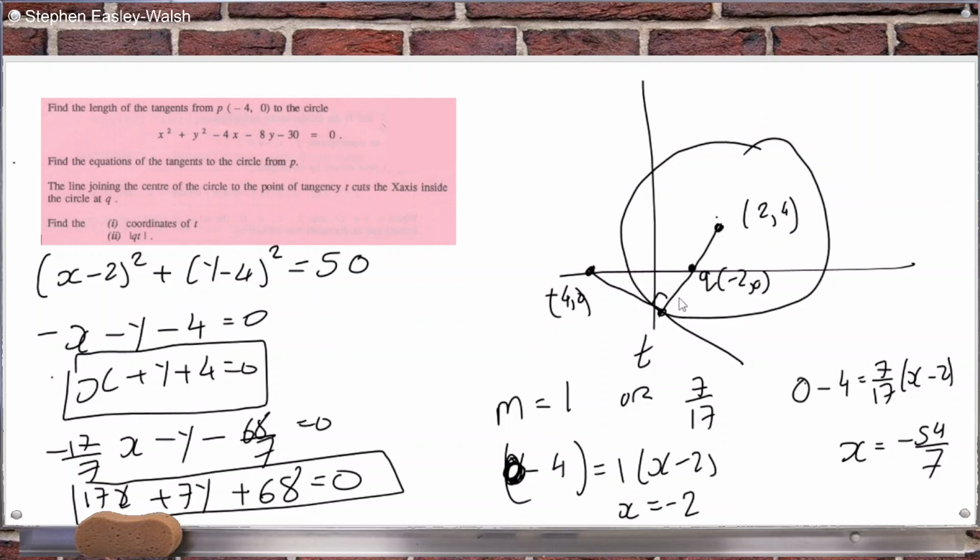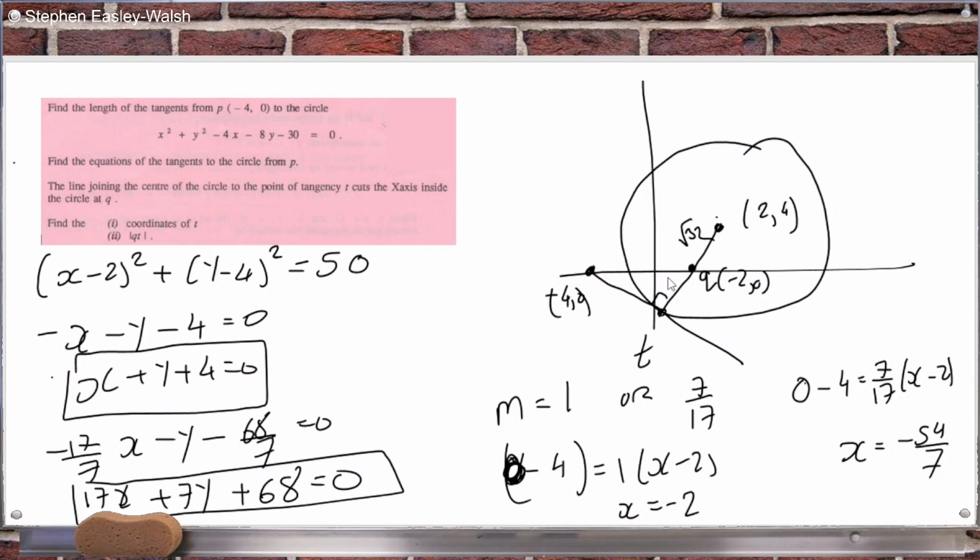Okay, but I'm actually looking for the T, and then I'm looking for QT distance. So I just have to get the T. If I get this distance first, and I know this slope is 1 actually. So this distance here, minus 2 to 2 is 4. That's 16, 16, that's root 32. Okay, so that's root 32, but the whole thing should be root 50.